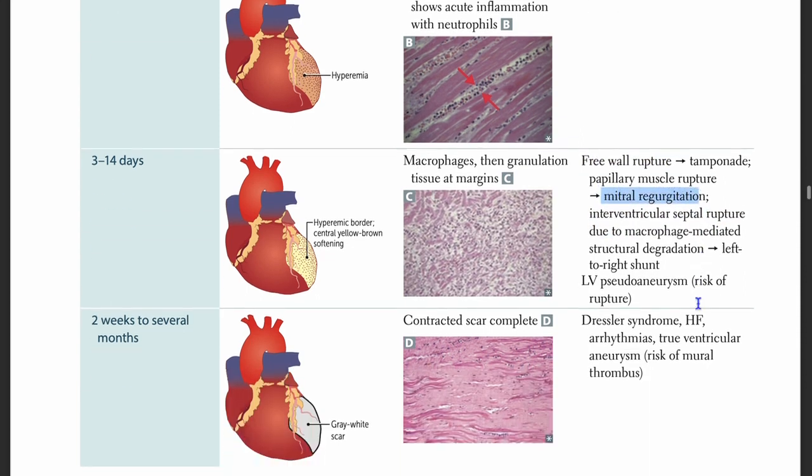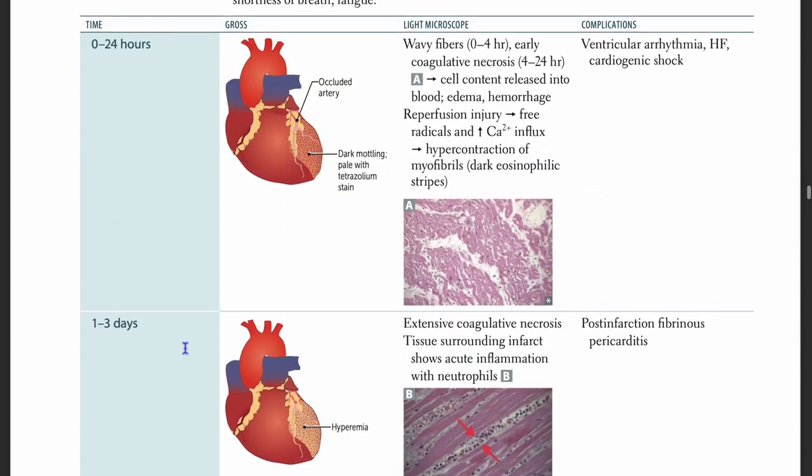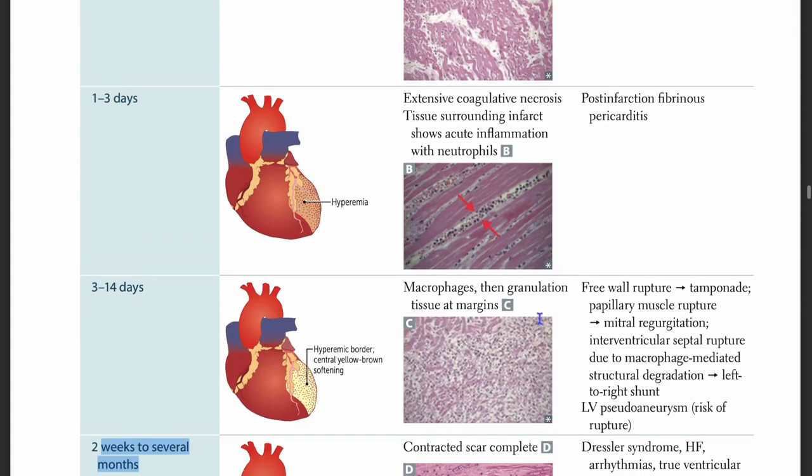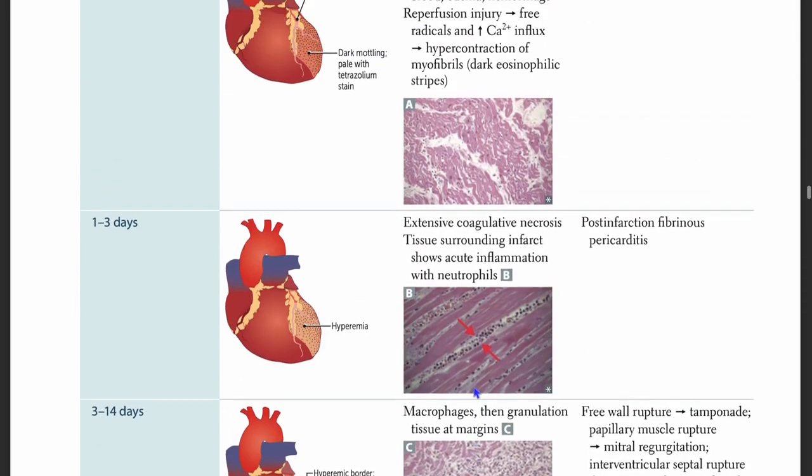And here you have Dressler syndrome and immune response. Okay, you can have heart failure with arrhythmias, true ventricular aneurysm as well. So you have a risk of mural thrombus, contracted scar, completed after 2 weeks to several months. Eosinophil strips, neutrophils, macrophages, then the collagen fibers.